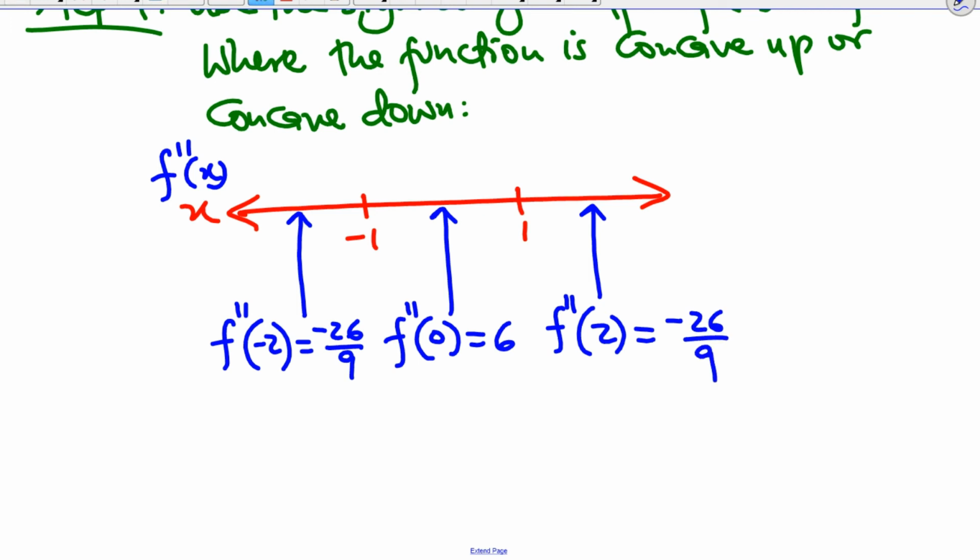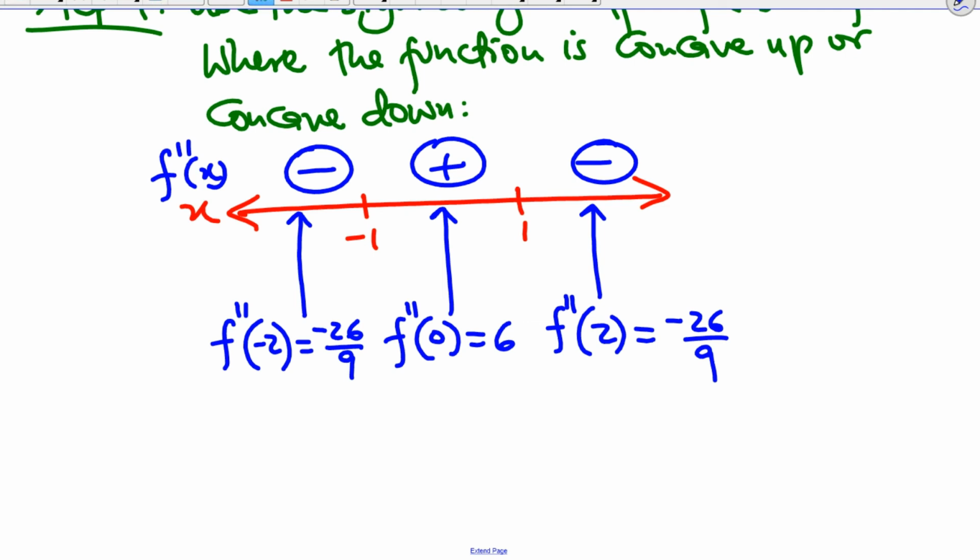And you can see that this is negative, this is positive, this is negative. And we said that a function is concave up when the second derivative is positive, and concave down when the second derivative is negative.